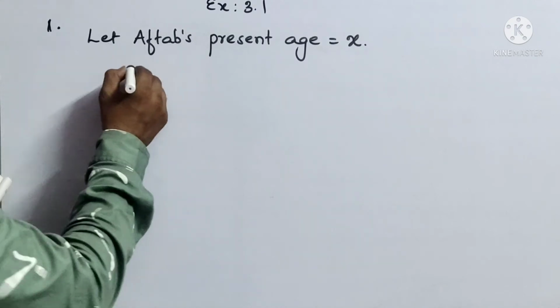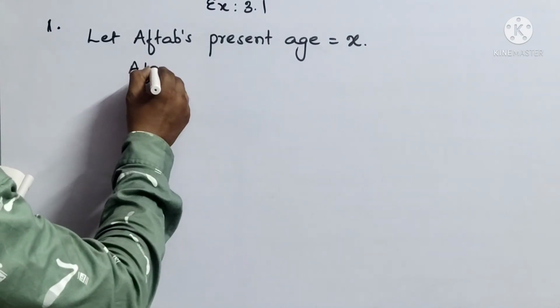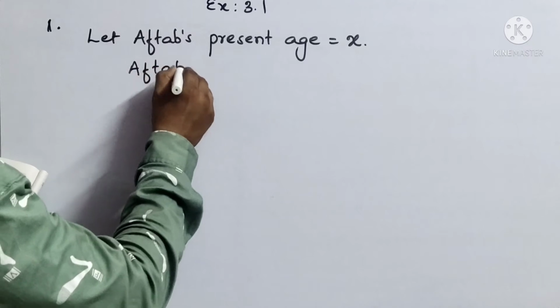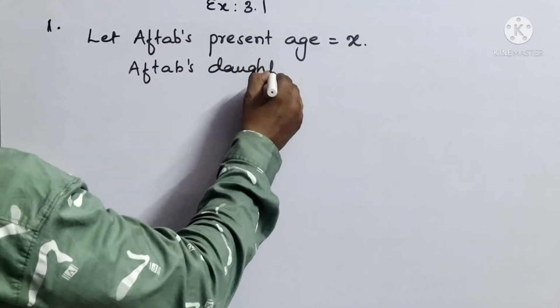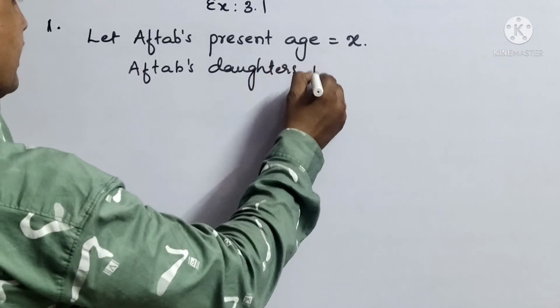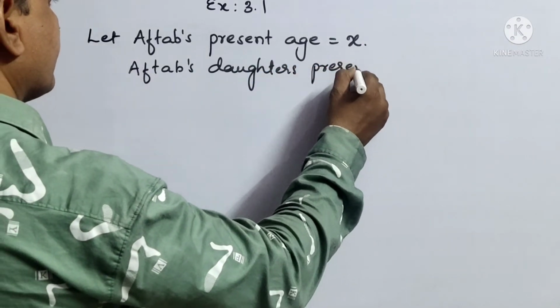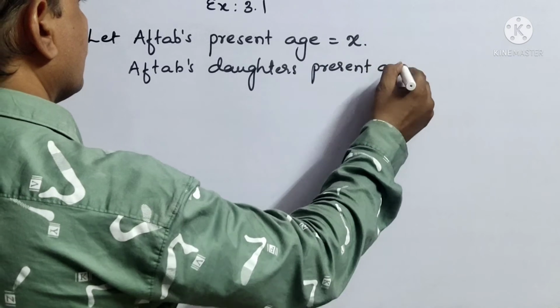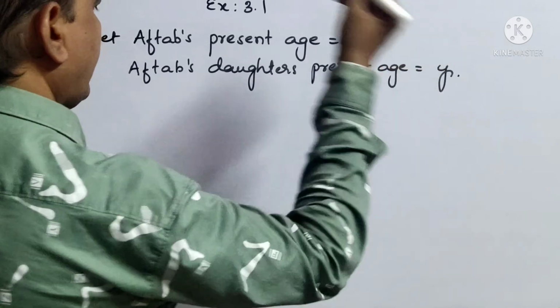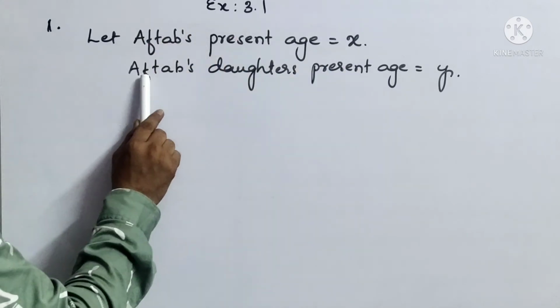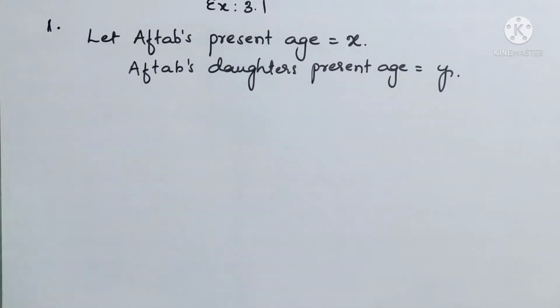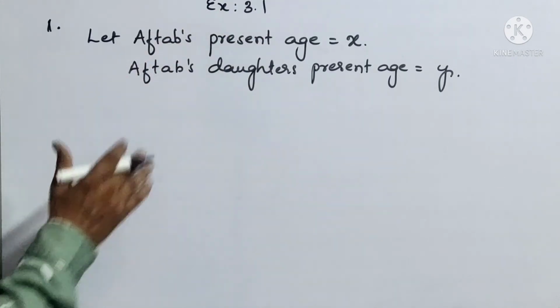Let Aftab's daughter's present age be y years. I'll tell you the clear statements we have to write.